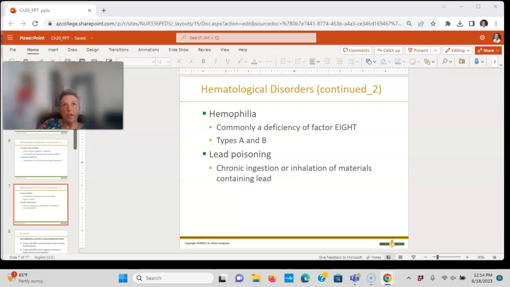Make sure you know the different blood transfusion products in table 20.3. Again, it's more than just red blood cells. When you have a lead level of over 45, it requires chelation therapy, and levels over 70 cause brain damage. So look up chelation therapy.